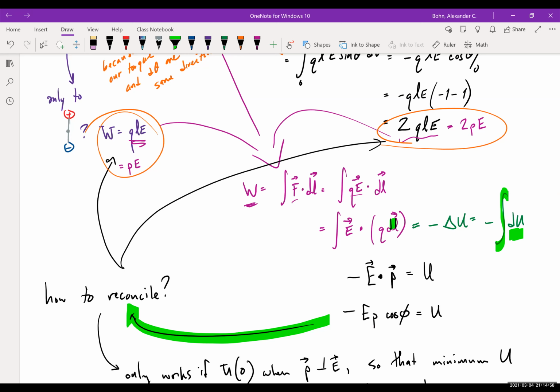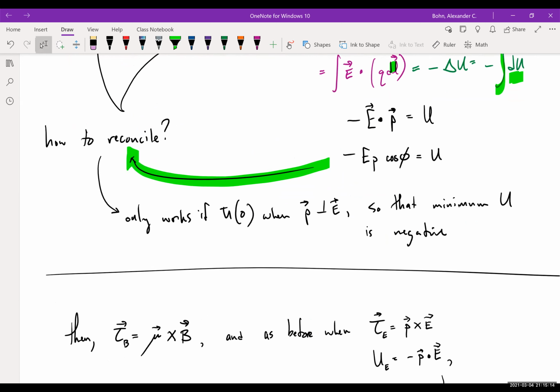The only way to make this work, to get this to fit together, to use the dot product notation together with our perfectly rigorous work done, we have to choose the arbitrary constant. We have to set the floor for potential energy in the perpendicular orientation.